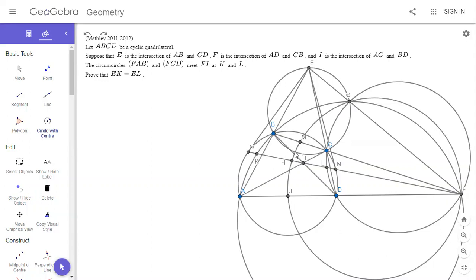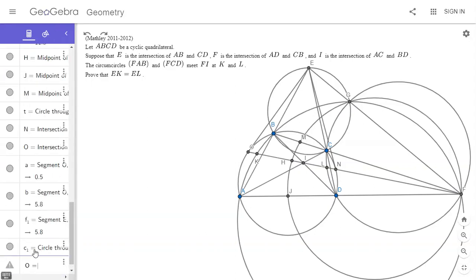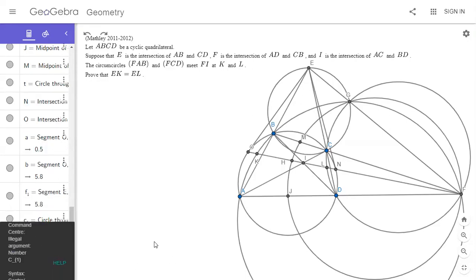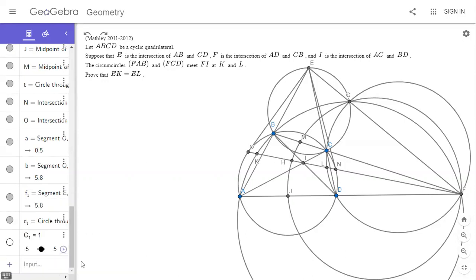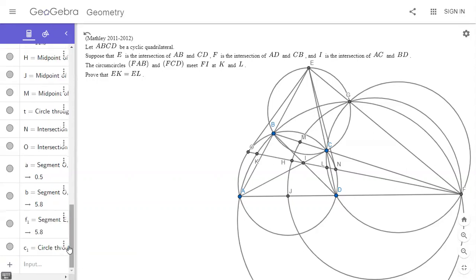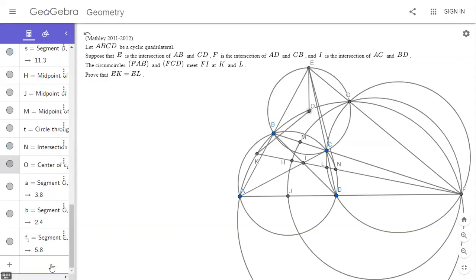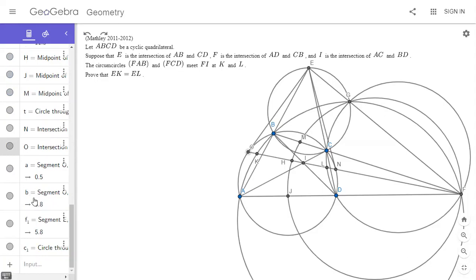So yeah, J is the midpoint of AB. Oh, wrong circle.